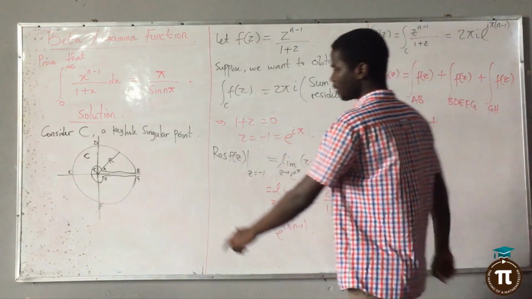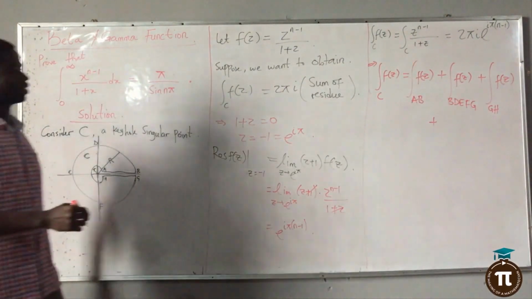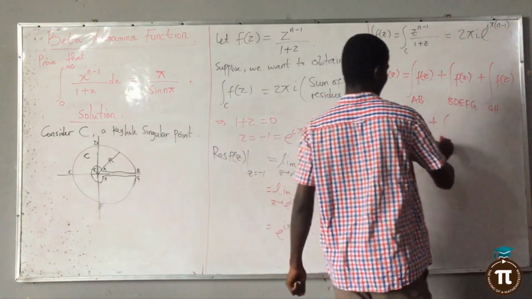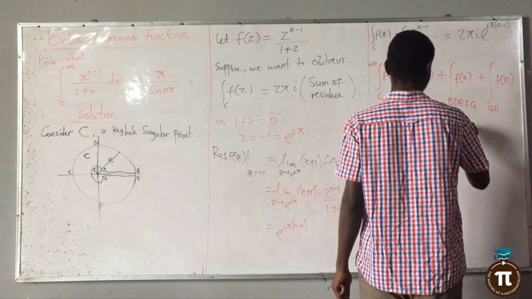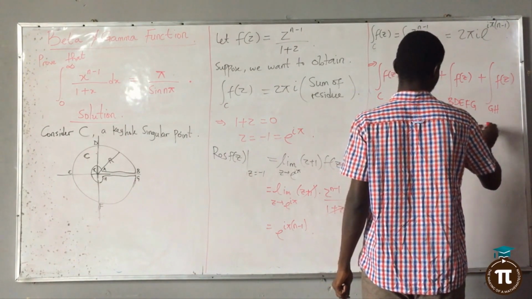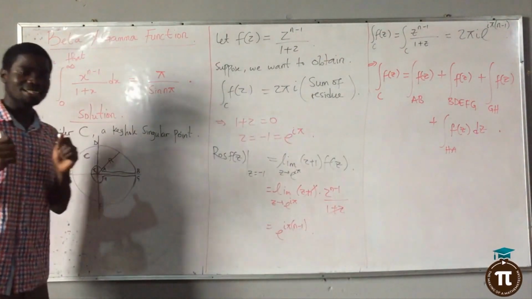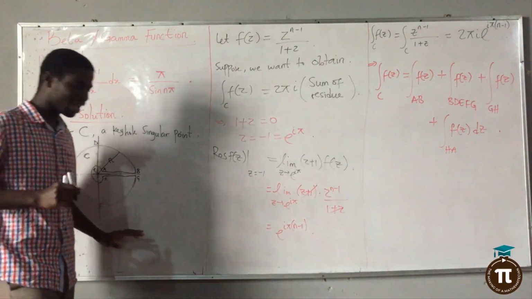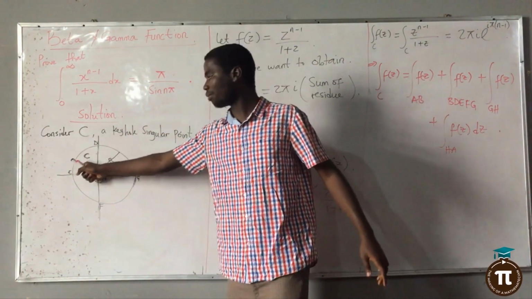Then lastly HA comes to this integral of HA f of z. So in reality, from what I have drawn here, that's how I obtain this integral on this curve C.